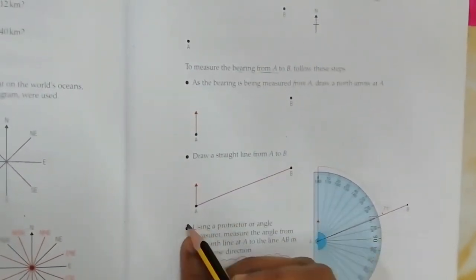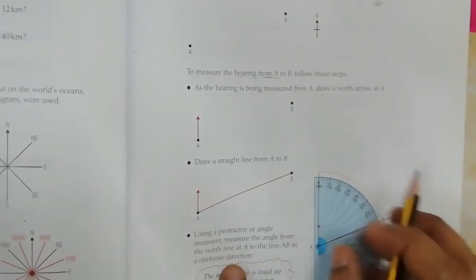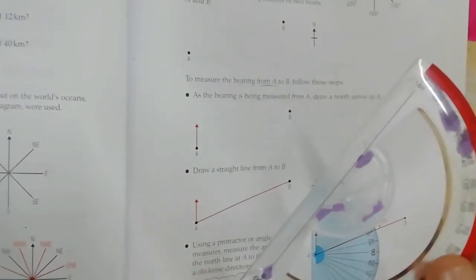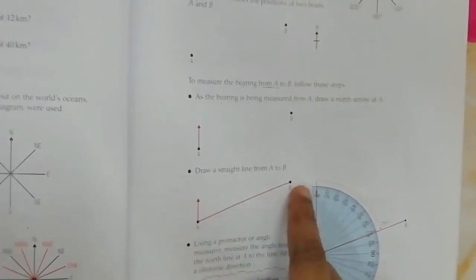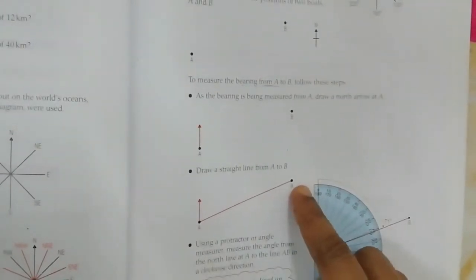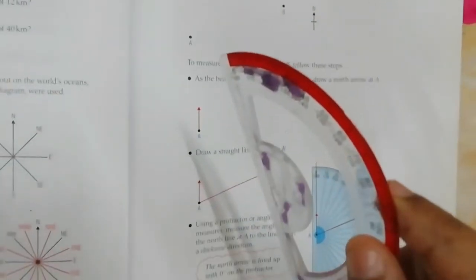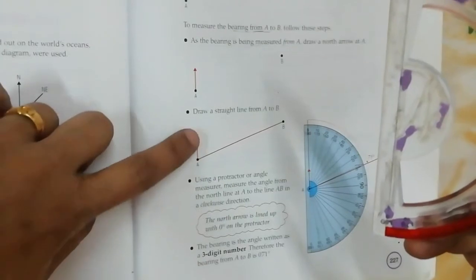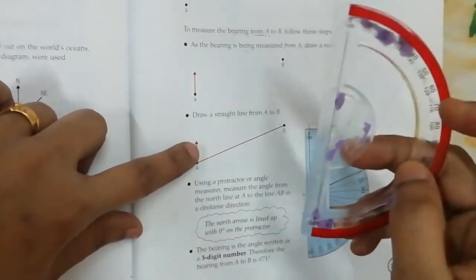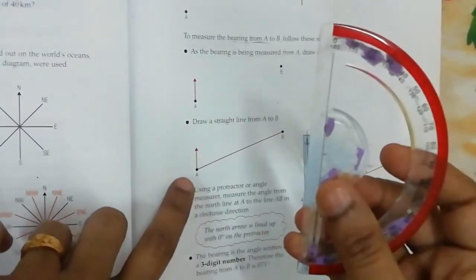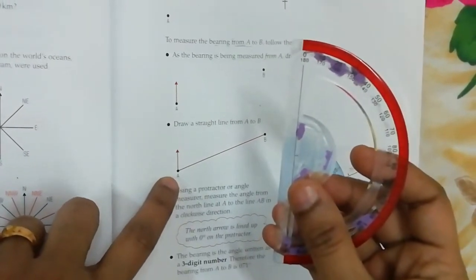After getting this straight line, we are going to use the protractor to measure the angle from the north line at A. This is your north line, and I keep my protractor's center at point A, on the line AB.